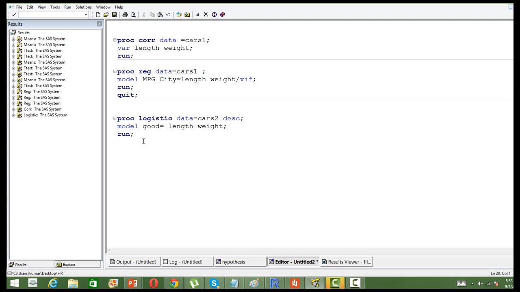Descending means 1, then 0. Clear? See, by default, the probabilistic model is for non-event. Non-event means 0. But we are interested in the probability of finding 1, or the probability of finding an event. So we use this keyword descending.